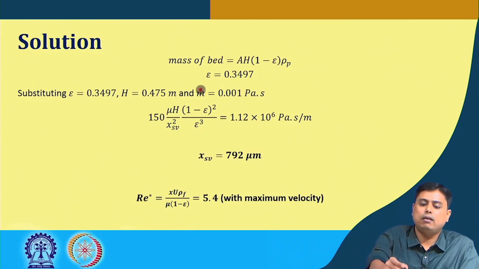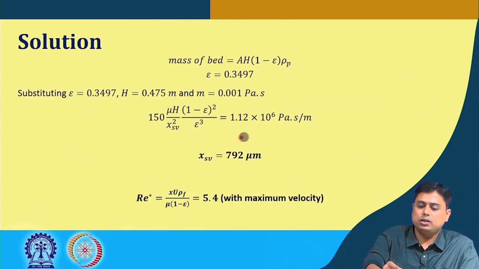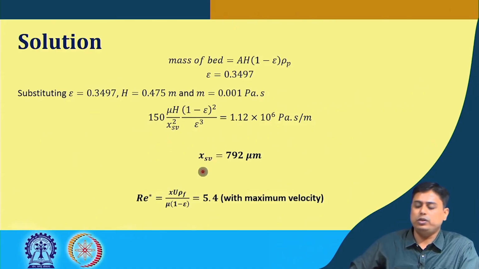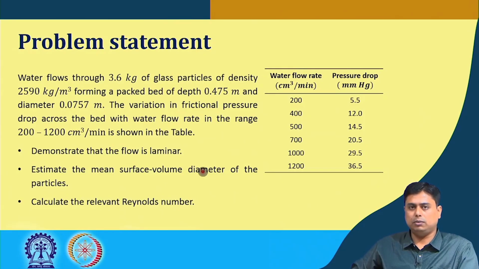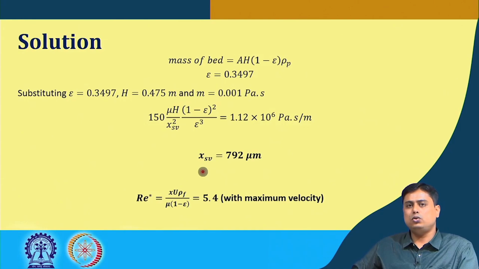So mu is 0.001 Pascal second. If we replace these values in that slope expression, we get x_SV, the mean surface volume diameter of the particles, and that comes out to be 792 micron.